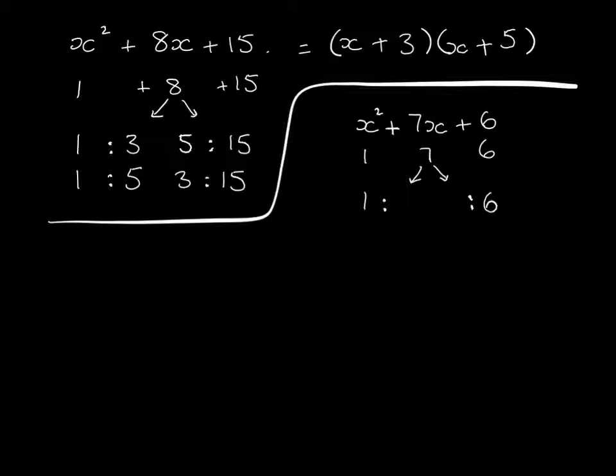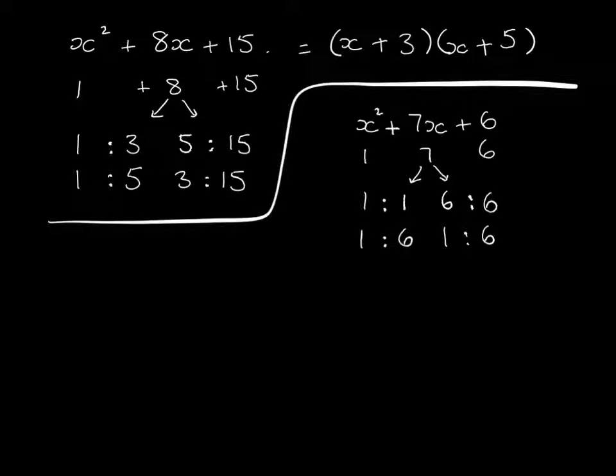Now how can I split 7 up into 2 bits so that these two are the same? Well, the only way I can do it is to actually say it's 1 and 6, because 1 to 1 is the same ratio as 6 to 6. And if it's not, what I do is I change the numbers around. It's obvious that these 1 to 6 and 1 to 6 are the same.